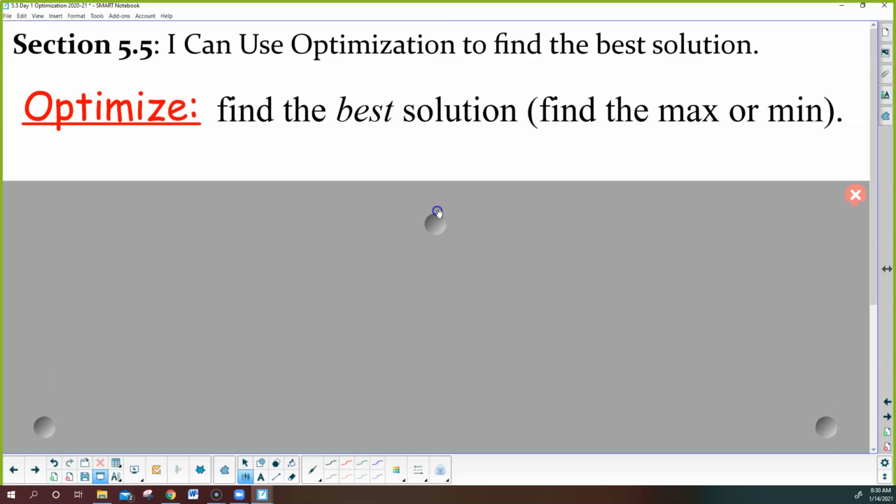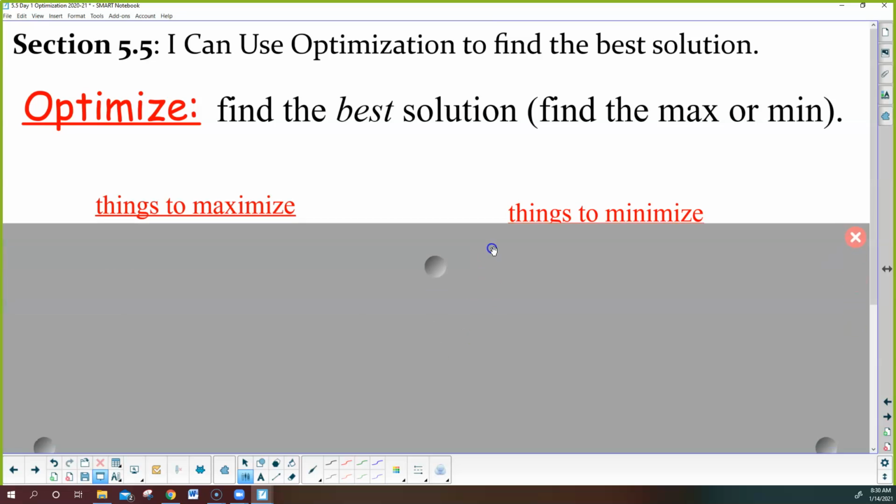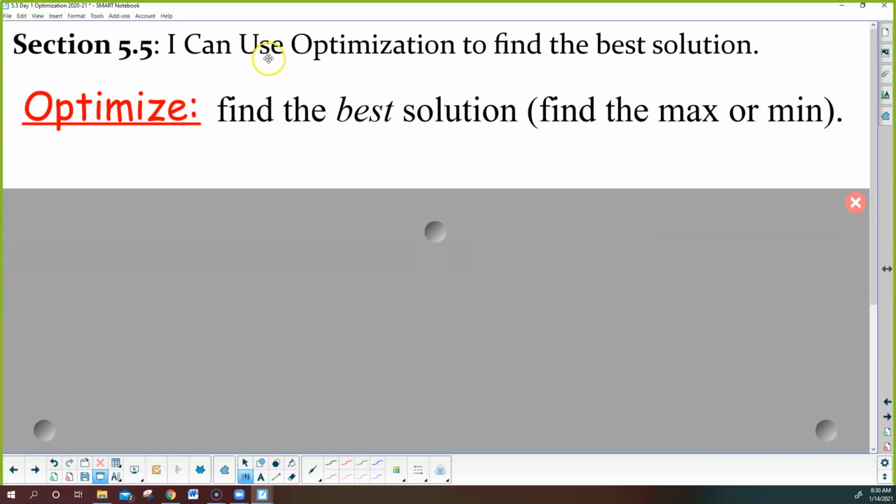You don't technically need to write what's underneath this screen, but just know when we say optimization, our goal is to optimize, which means to find the best possible solution, which usually involves the maximum or the minimum. And the warm-up we just talked about said, well, if you're finding a max or a min, the max or min occur at critical points. So that's the big piece I want you to notice.